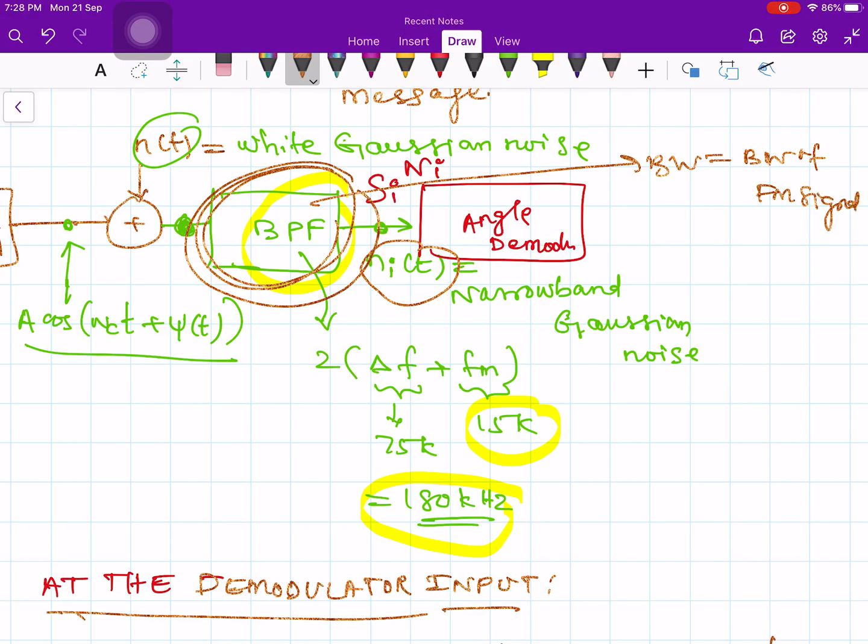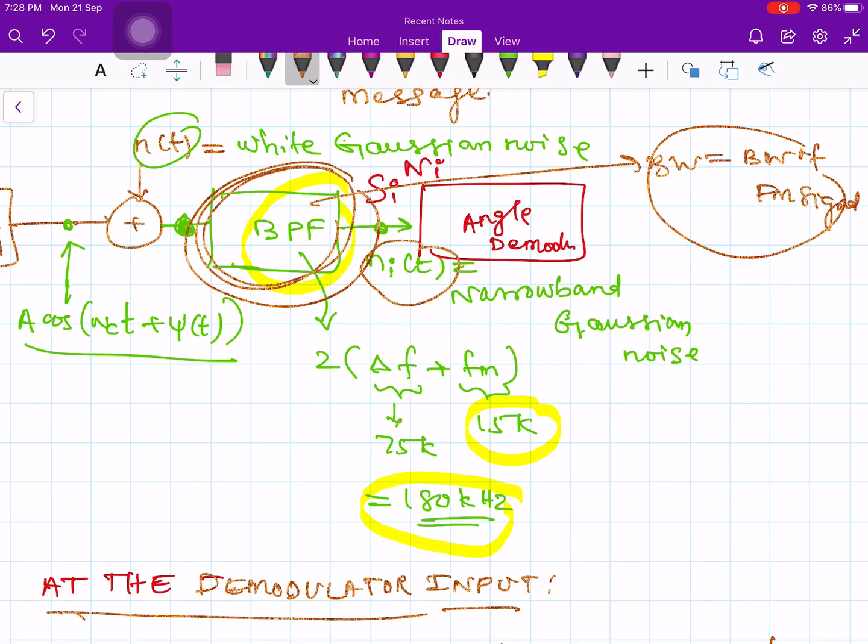If you don't ensure this condition, what will happen? Your angle demodulator is not going to get the right kind of input for demodulation, because your modulated signal has that much bandwidth. If your band pass filter doesn't have that much bandwidth, some portion will be cut off, and the demodulator will not do the demodulation properly.